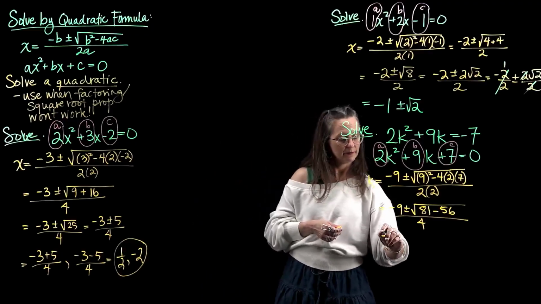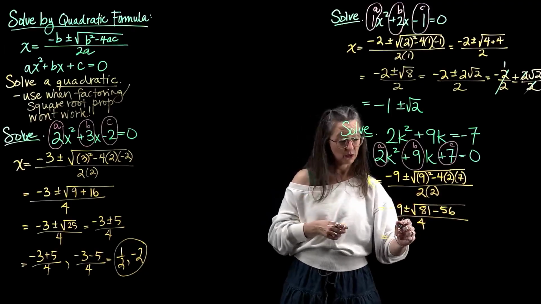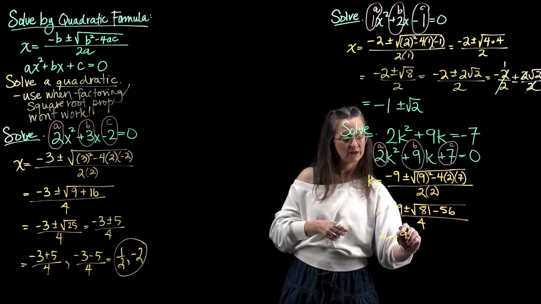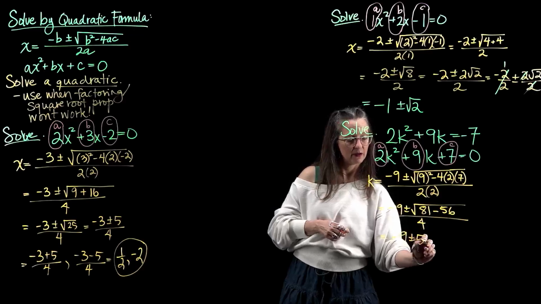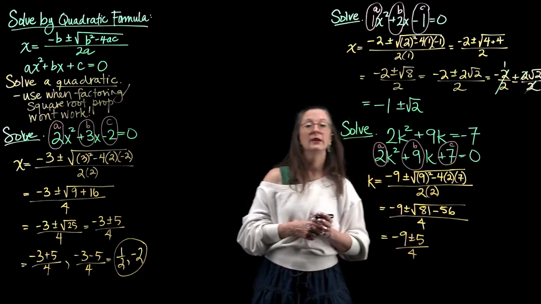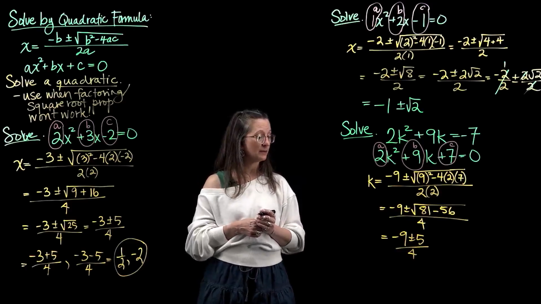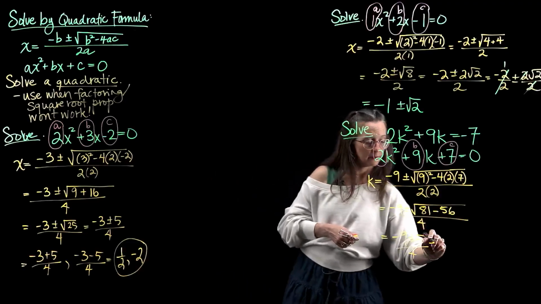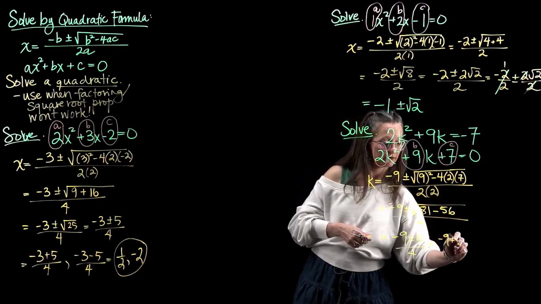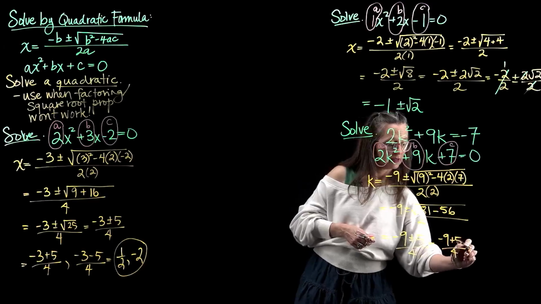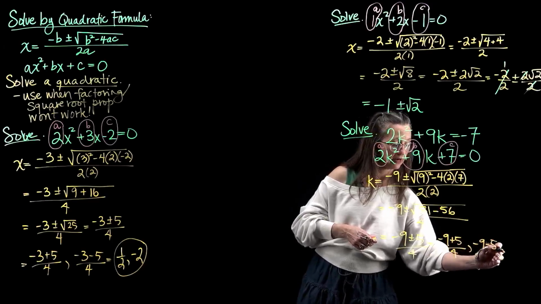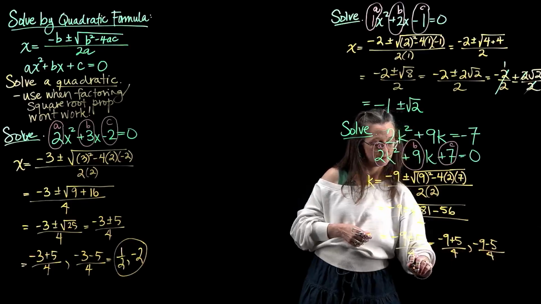All right, 81 minus 56 is 25. Square root of 25 is 5. So I'm going to rewrite this as -9 plus or minus 5 over 4. So this would be -9 plus 5 over 4 and -9 minus 5 over 4.